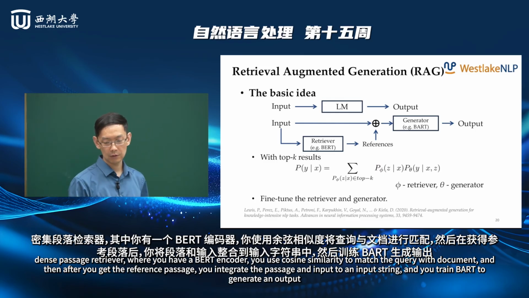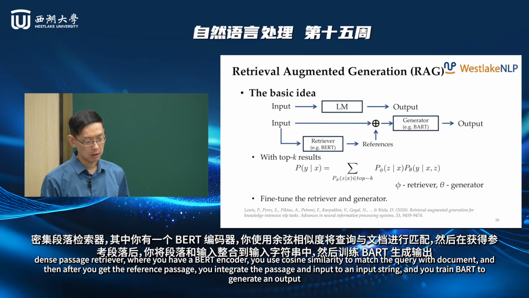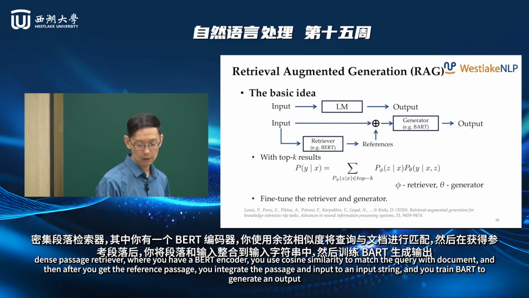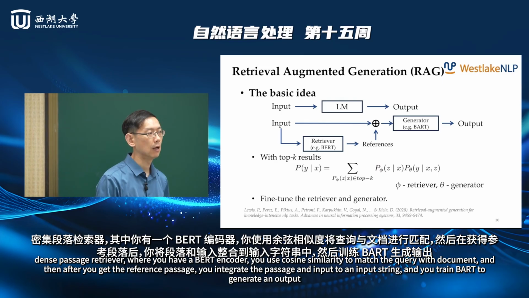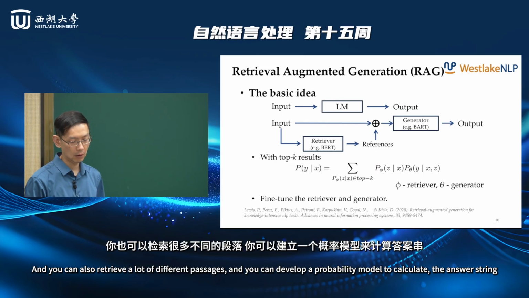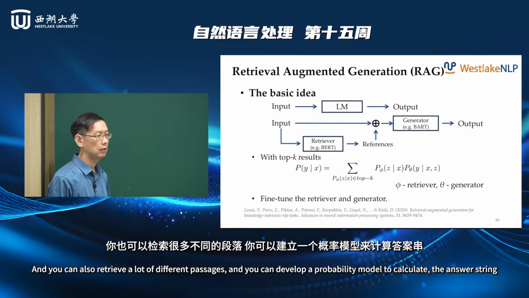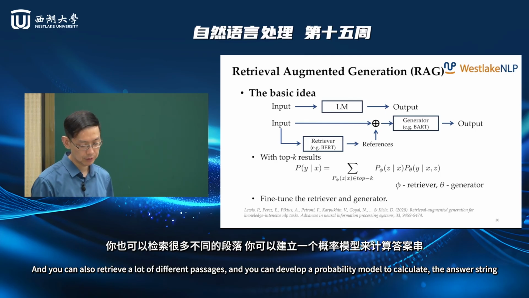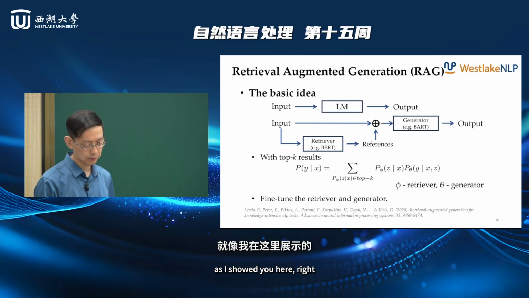After you get the reference passage, you integrate the passage and input into an input string, and you train BART to generate an output. You can also retrieve a lot of different passages, and you can develop a probability model to calculate the answer string, as I showed you here.